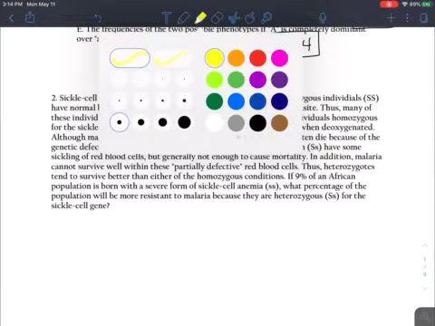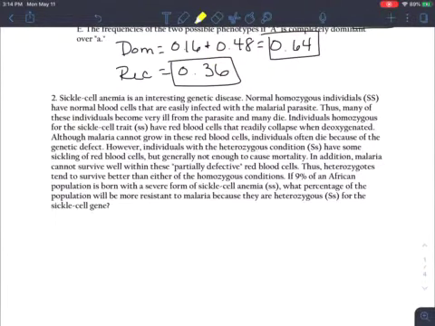So I'm saying that if 9% of my population is born with the severe form of sickle disease, okay, then I want to know what percentage is going to be more resistant to malaria because they're heterozygous for it. So little a is going to equal q squared, which is 0.09.